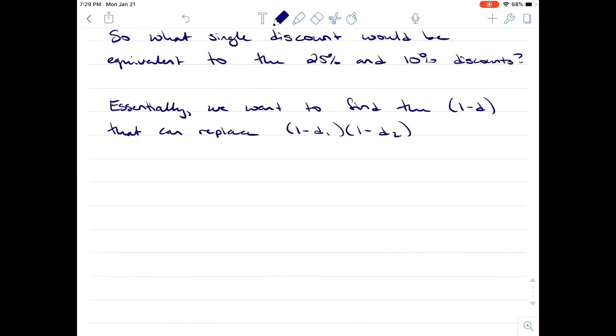Because that's the only difference between one discount and multiple discounts. N stays the same, L stays the same. And so we just want to figure out what 1 minus d is going to be the same as 1 minus d1 times 1 minus d2.